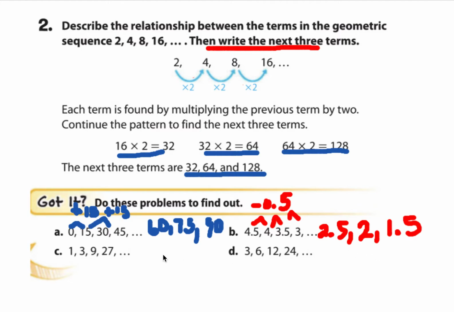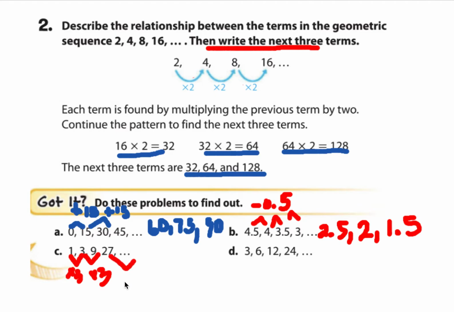Okay, let's go to letter C. We know they're increasing, so either you're adding, which is arithmetic, or you're multiplying, which is the geometric pattern. Let's try multiplying. Why not? We have 1 times 3 gives you 3. And then 3 times 3 gives you 9.